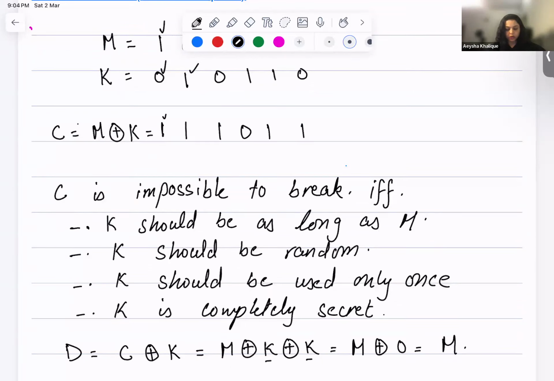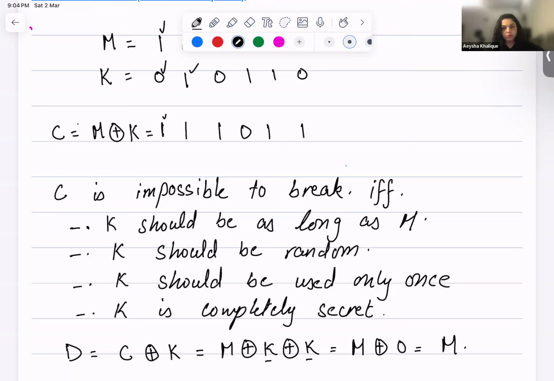The problems we discussed last time were these: the key has to be as long as the message, which means that if you have to send several messages, you need a long string of key. The key should be totally random, so there should not be some sequence in the key. Every time you have to have a random bit string of key, and it should be used only once. You cannot use the same key to encrypt two different messages.